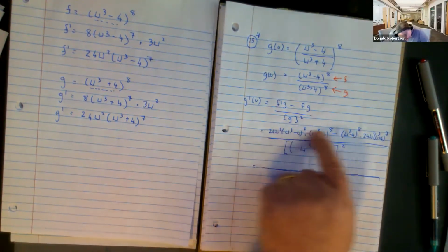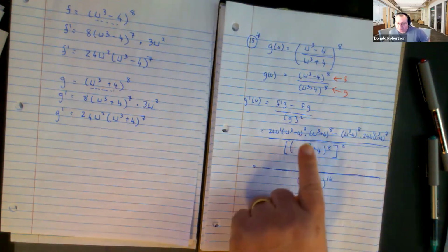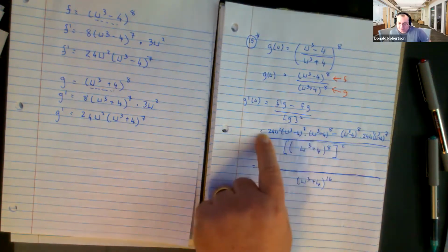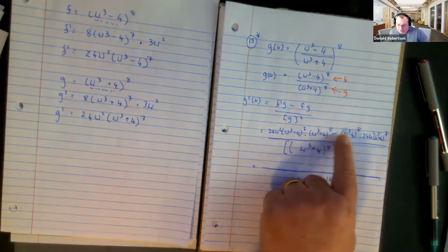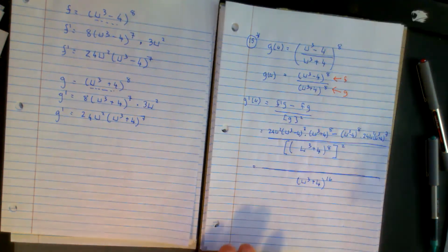Now, there's an awful lot going on in the top. There's essentially two things. There's this bit, take away this bit. And it's the same kind of process as we've done with the square roots, in a way, probably a little bit easier. Find some common factors for me. And there's quite a lot going on. 24u squared.